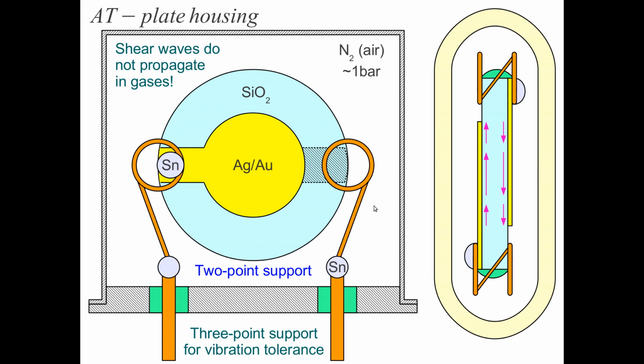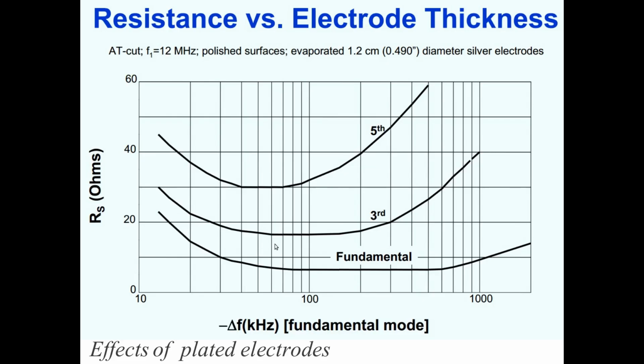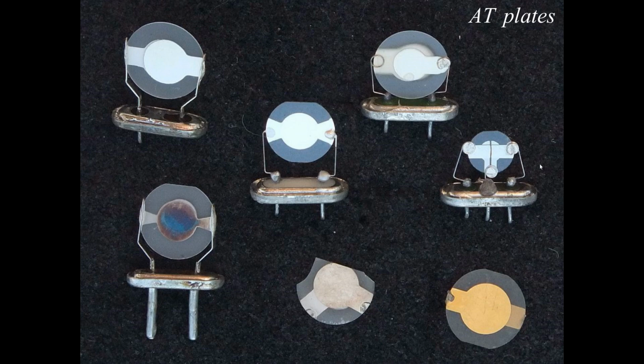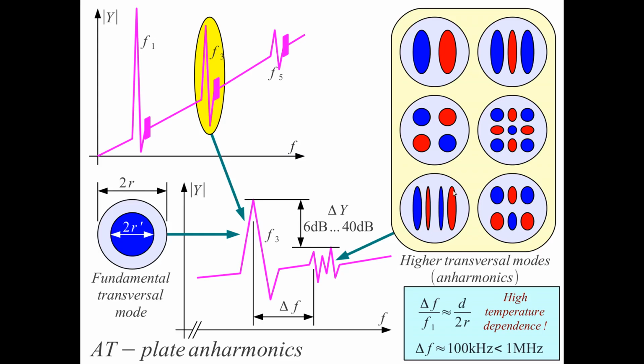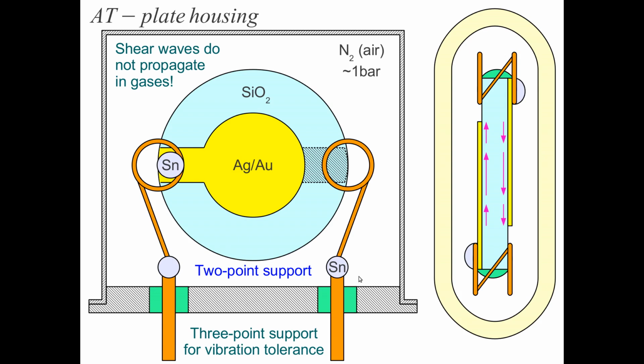But for high vibration environments like rockets or spacecraft, we use a three-point support, like the one shown here. This three-point support was only used for the filter because we needed 3 electrodes here, while the three-point support is also used for quartz crystals that operate in high vibration environments like rockets, aircraft or spacecraft.